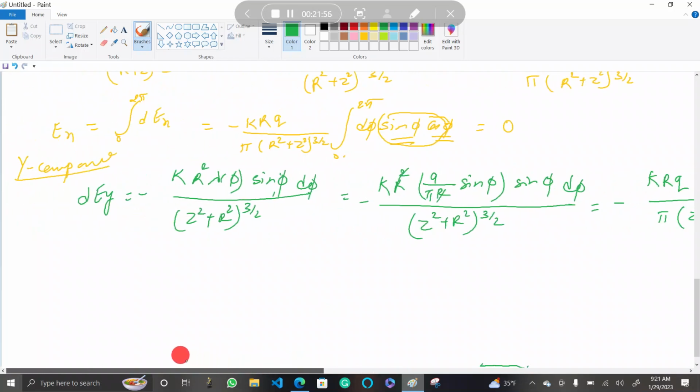So now we calculate the total electric field Ey by integrating over the whole range.